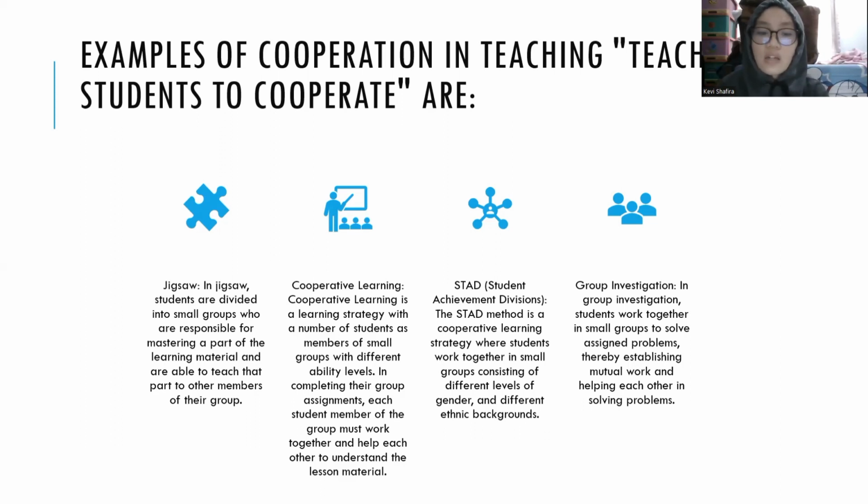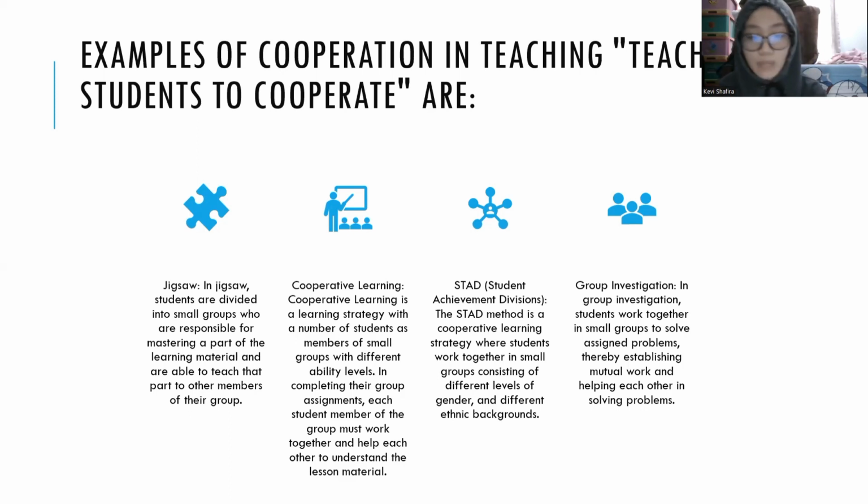Cooperative learning is a learning strategy with a number of students as members of small groups with different ability levels. In completing their group assignments, each member of the group must work together and help each other to understand the lesson material.